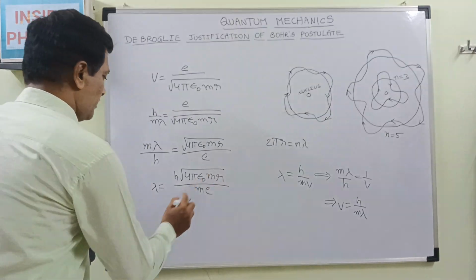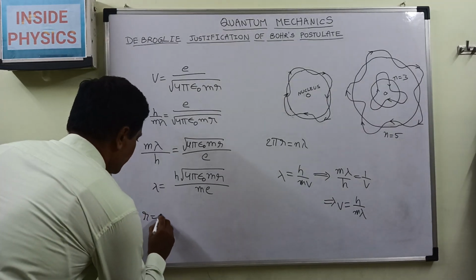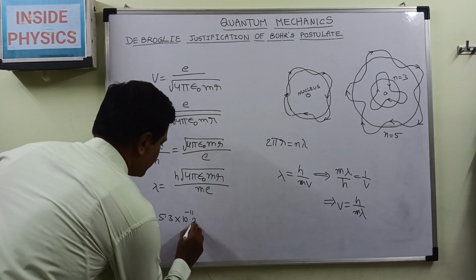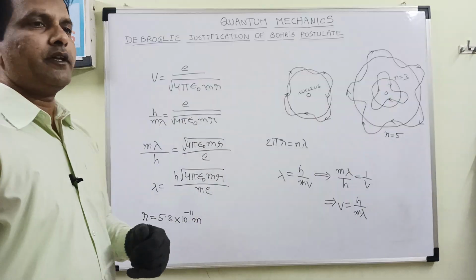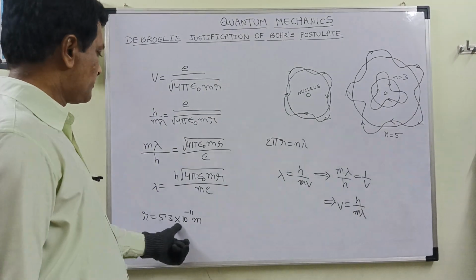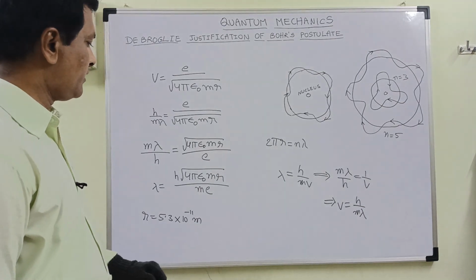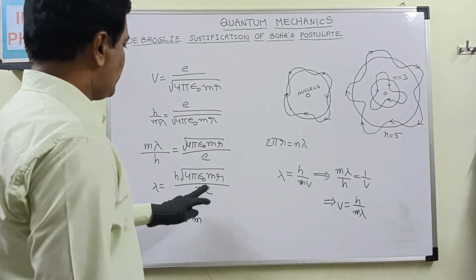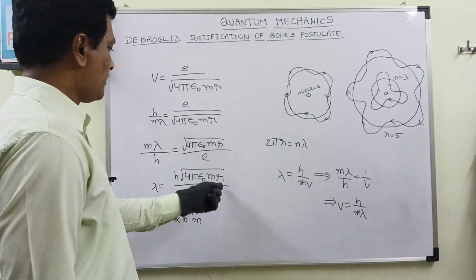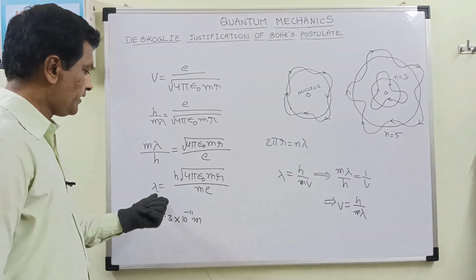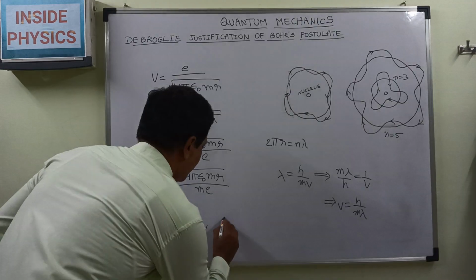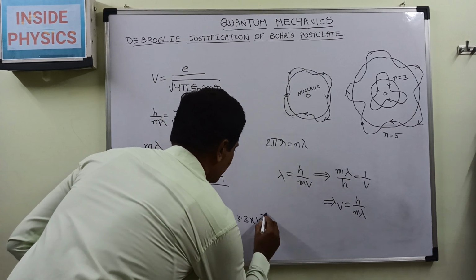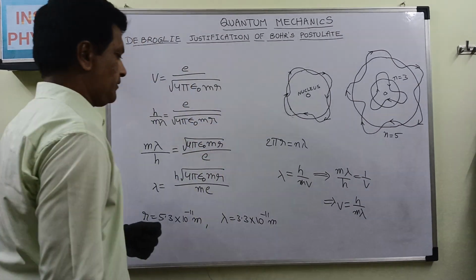If we take r, the radius of the orbit, we know that the radius of the first Bohr orbit is 5.3 into 10 to the power of minus 11 meters. If we put this value in place of r and calculate lambda, the lambda comes out as 3.3 into 10 to the power of minus 10 meters.